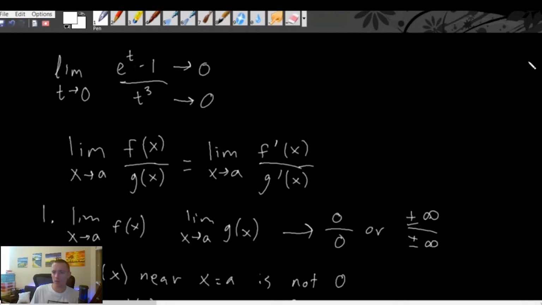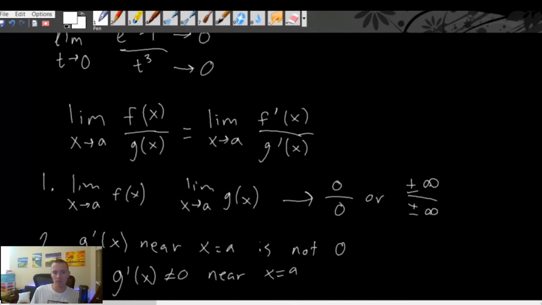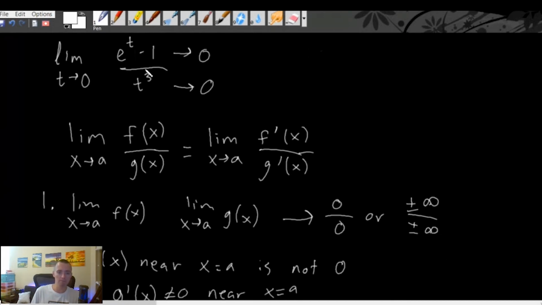So we know that the first condition is met. The other thing we need to figure out is, not if the derivative is going to 0, but if the derivative of our denominator equals 0 near this a value, near where t equals 0.